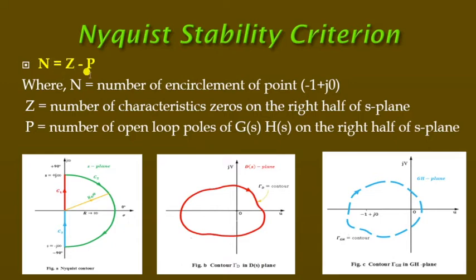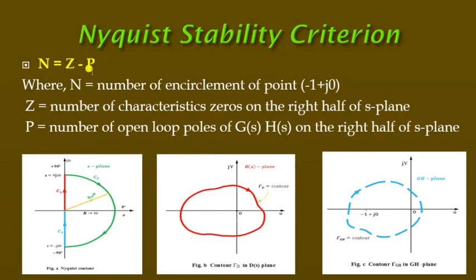Therefore, no closed loop pole is present in the right half of the S-plane, and the system is stable. If there are two closed loop poles present in the right half of the S-plane, then the system is unstable.